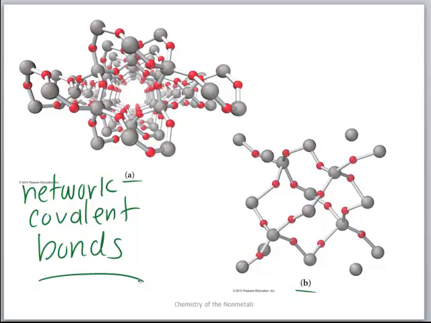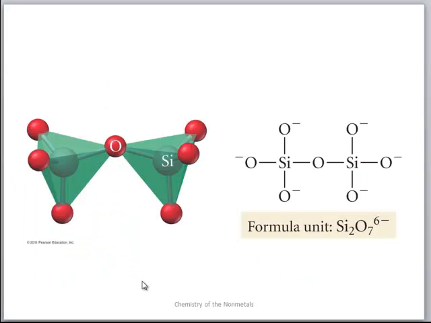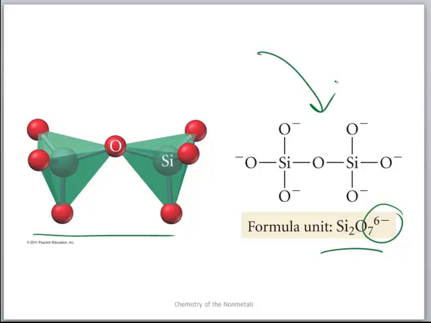Additionally, if they do not form entirely network covalent bonds, they can form substructures with formula units that have, of course, negative charges. Here's the Si2O7 unit, which has a charge of -6, a unit structure for a silicate. When these formula units of silicates make compounds, they are going to form bonds with cations.